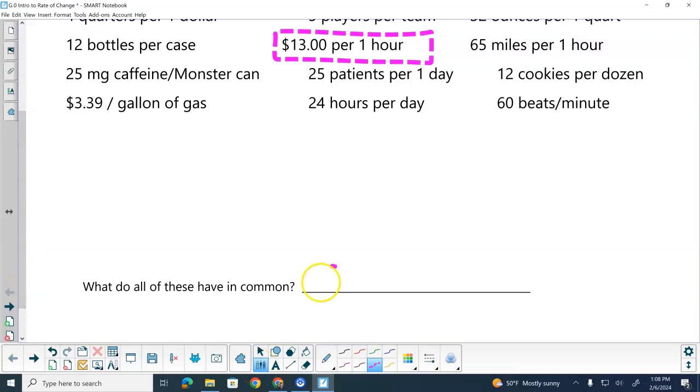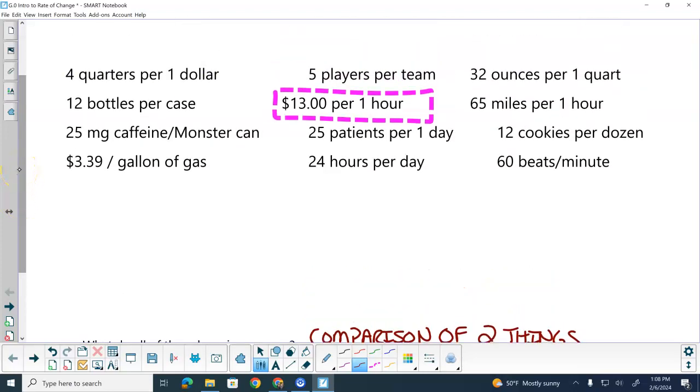So what do these all have in common? They are a comparison. All 12 of those are comparing two things. In the first one, let's go left to right, top to bottom.